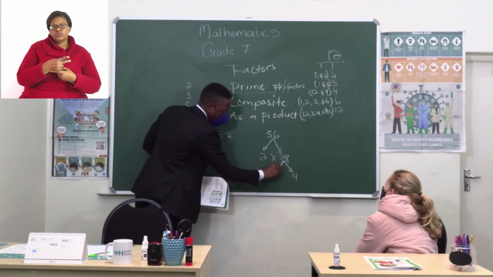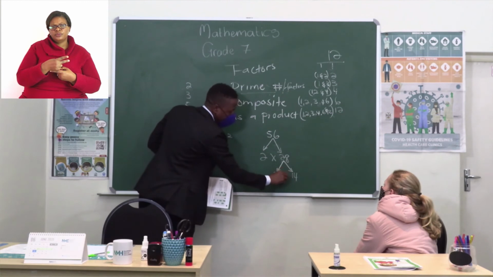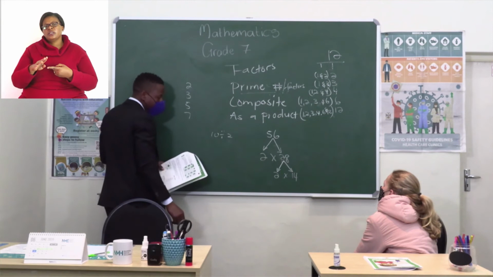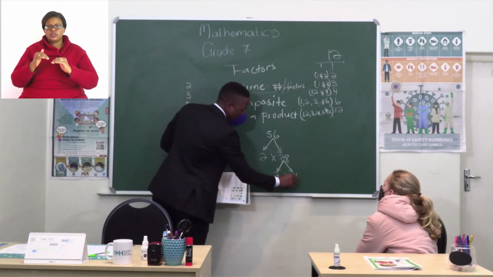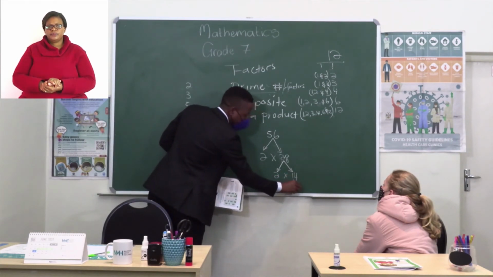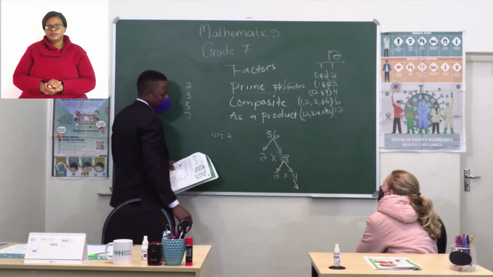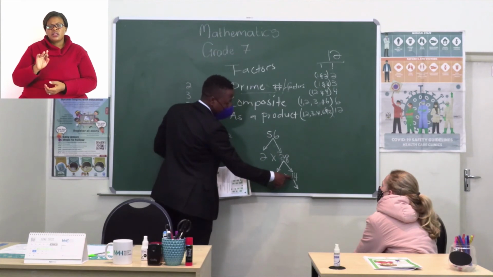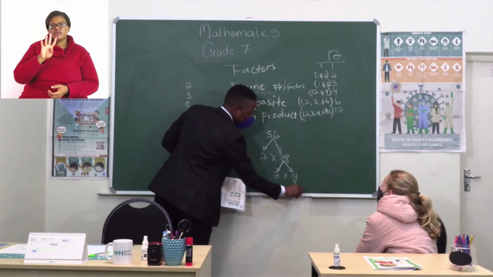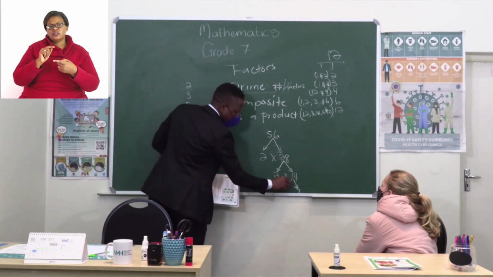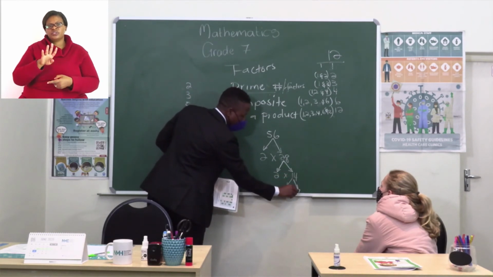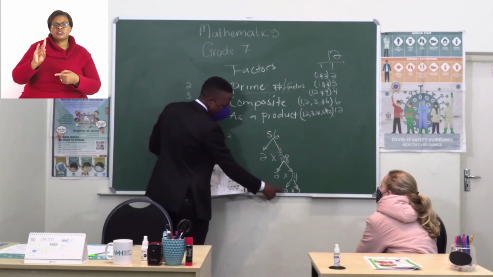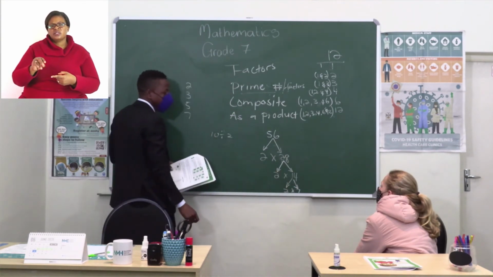Remember, we halved, so we have to multiply. 2 times 14 gives me 28. You still have to continue, halving again. If I halve 14, I'll have 7. But what number can I multiply with 7 to get 14? That number will be 2. 2 times 7 gives me 14.